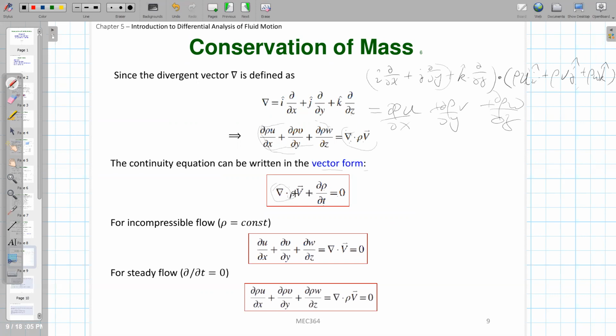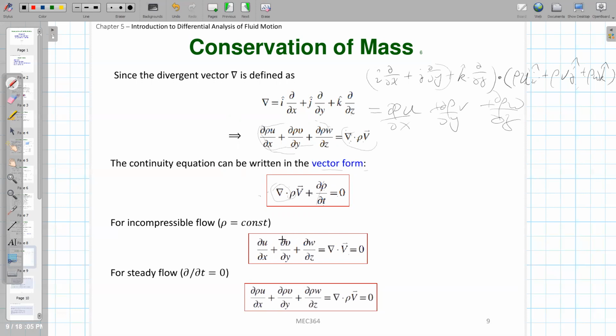So if your rho is constant, not changing in space, you can take this rho out. Everything left will be just nabla dot v equal to 0, because this term is 0, you take rho out, and then you divide by rho on both sides. The only thing left is nabla dot v equal to 0.